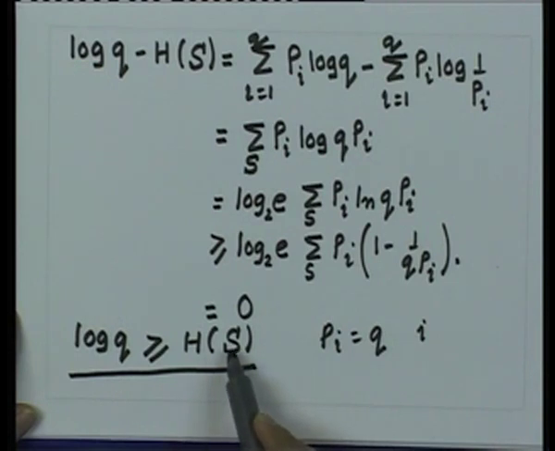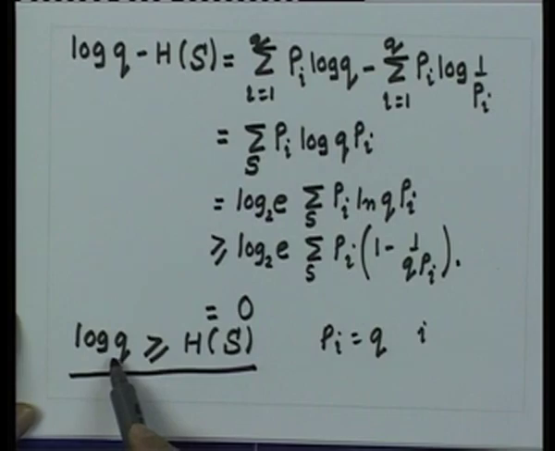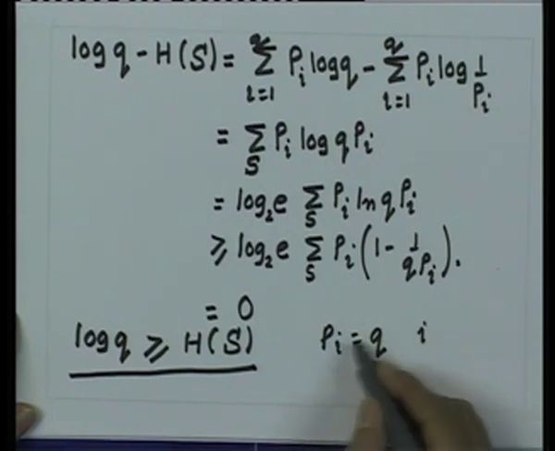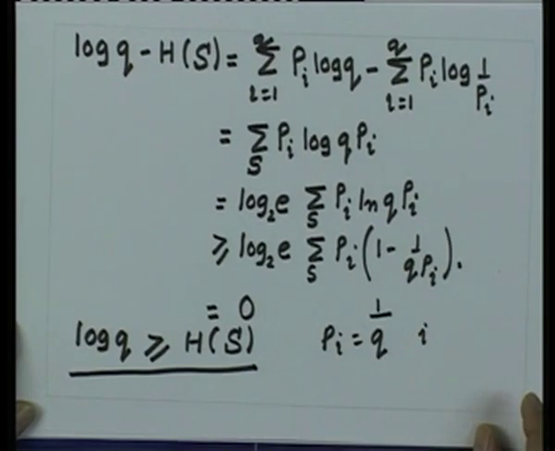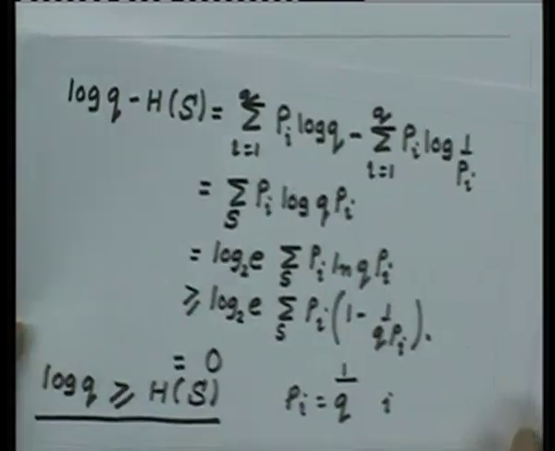So, what it means is that entropy H(S) is always less than or equal to log q, and it will take the maximum value of log q when all Pi's are equal to 1 by q. Sorry, it is not Pi equal to q, but 1 by q. So, what it means is that all the symbols or the letters in the alphabet occur in an equiprobable fashion.